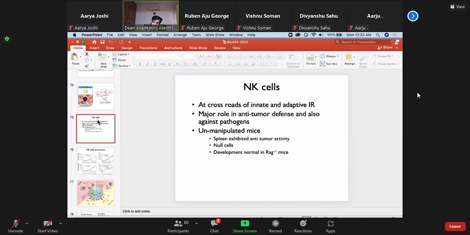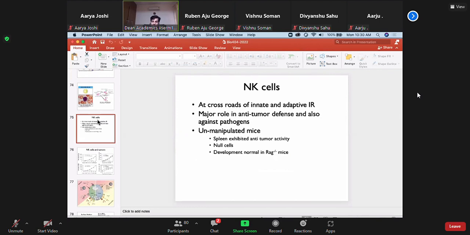Normally, this cytolytic activity is part of your adaptive immune responses. But that does not occur just like that. First you have to induce, then activate your lymphocytes, and then these cells become effector cells, and effector cells will carry out this anti-tumor activity.